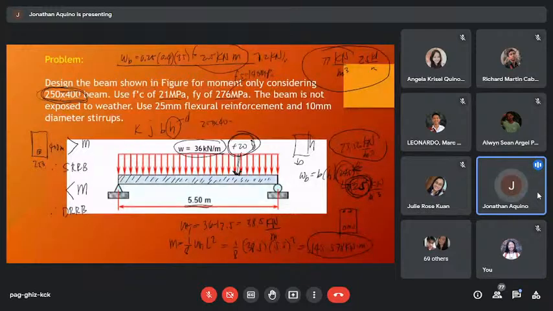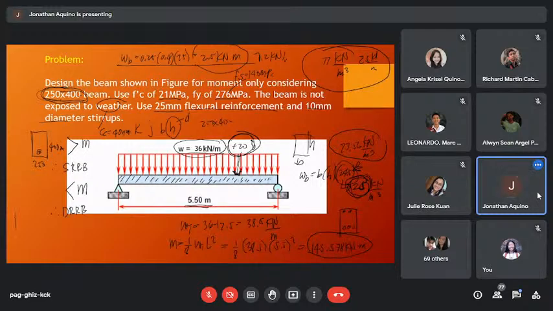Then the beam is not exposed to weather, so meaning the concrete cover CC is just simply equal to 40 millimeter. Here, we are advised to use 25 millimeter as main reinforcement or flexural reinforcement and 10 millimeter as stirrups diameter. So how are we going to solve for D?